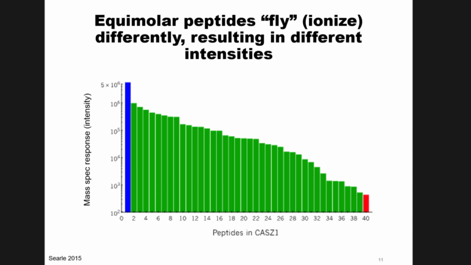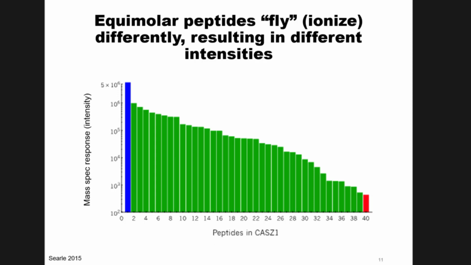Now we're just putting it onto the mass spectrometer, doing LC-MS of peptides from the same protein. I have an equimolar mixture of peptides from this one protein, and their range of response in the mass spectrometer varies massively. This is a log scale, right? So the range of peptide responses just in the mass spectrometer can be huge.